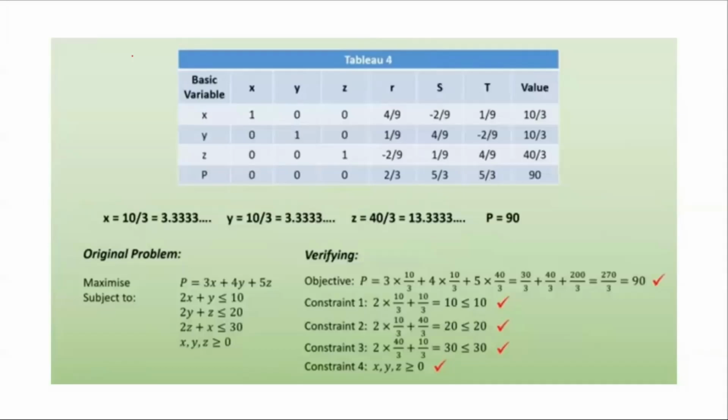And if we were to use those numbers and we put it inside the objective function, we'll see that, yeah, they satisfy the constraints and at the same time maximize the objective function.